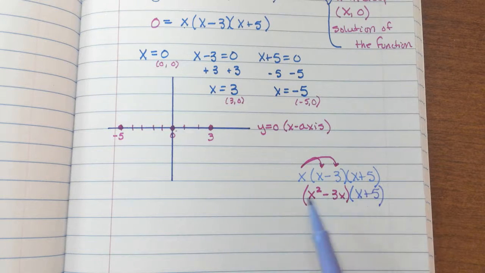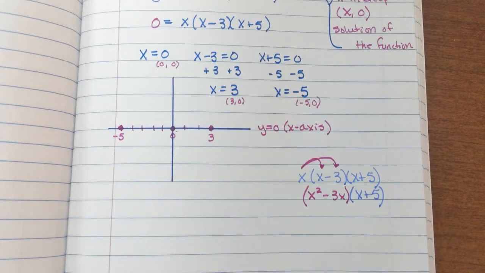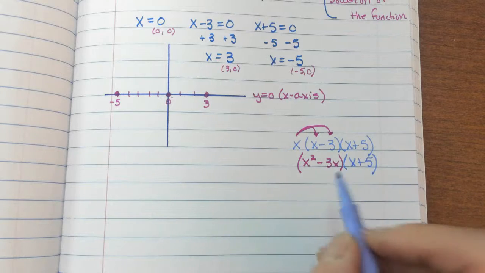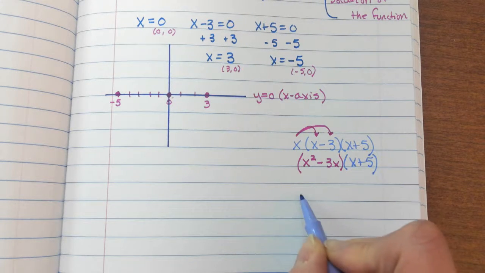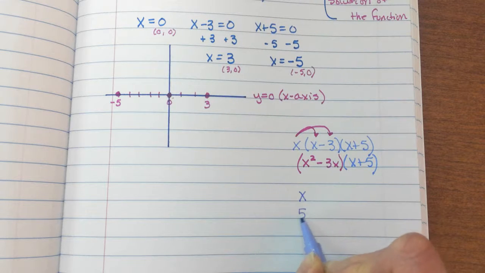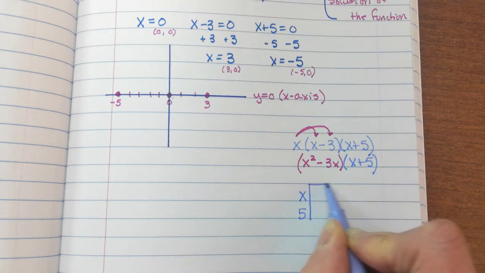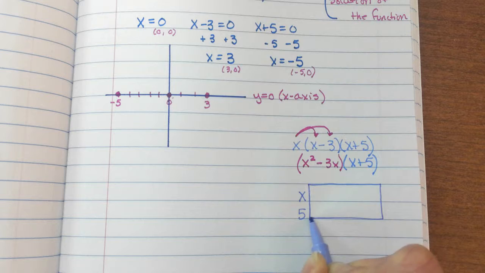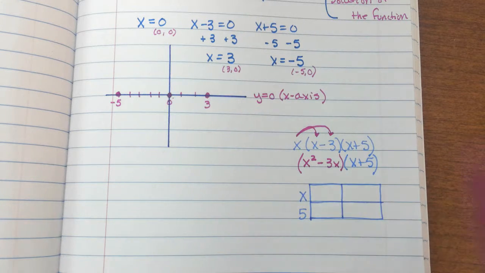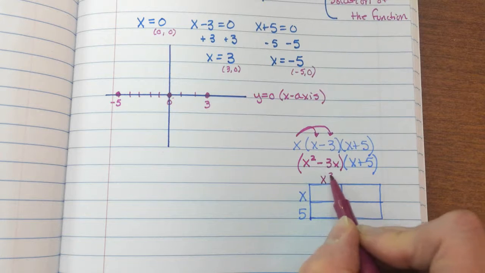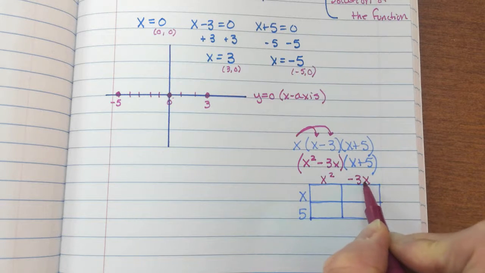I'm not going to fully multiply this out. Actually, I just changed my mind. I think I'm going to. So I'm going to multiply this out now. I'm going to put x plus 5 here, and I'm going to do it in an organized way like this. This number here is x squared minus 3x.